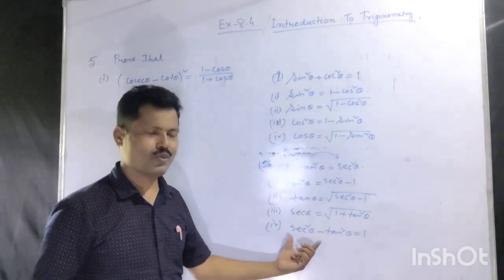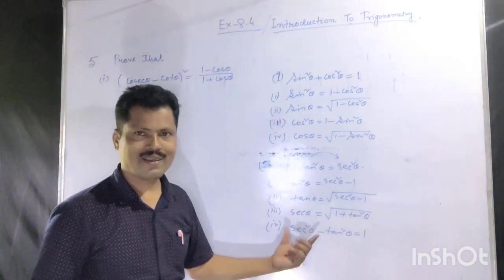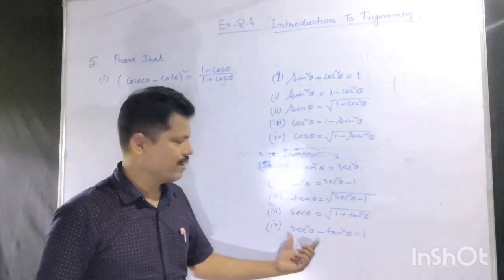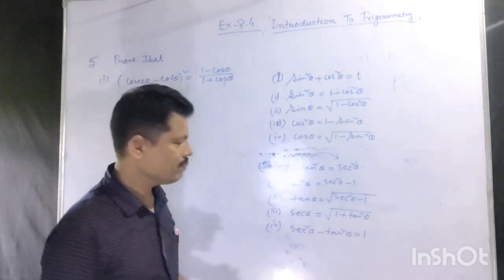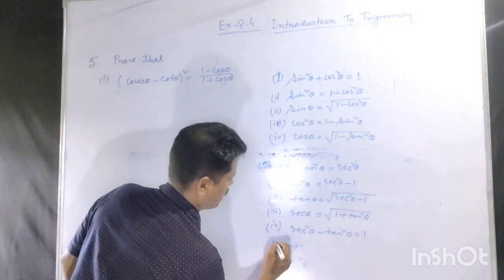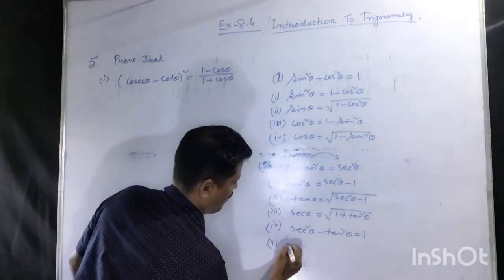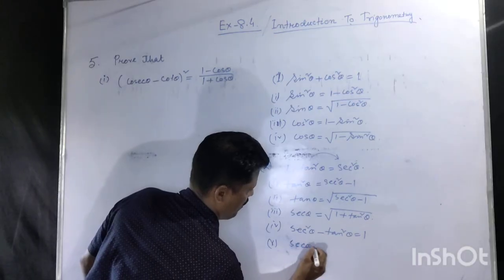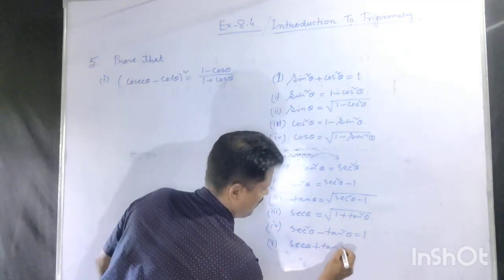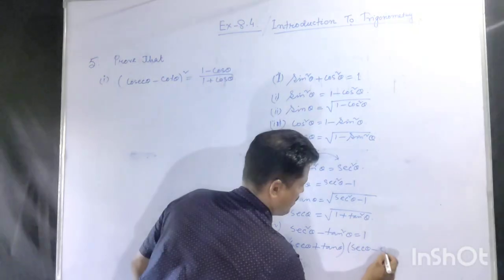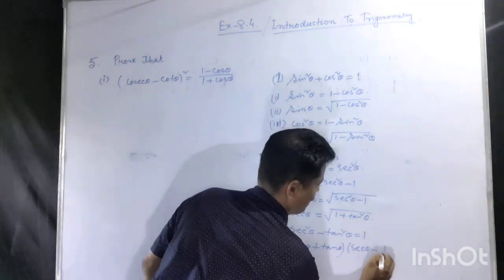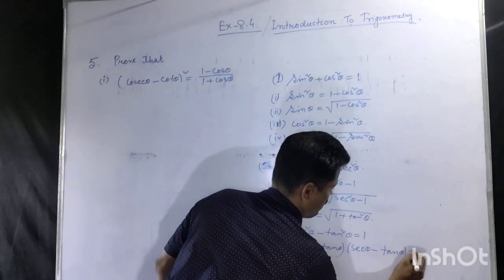Here also, sec square theta minus tan square theta we can write as sec theta plus tan theta into sec theta minus tan theta is equal to 1.